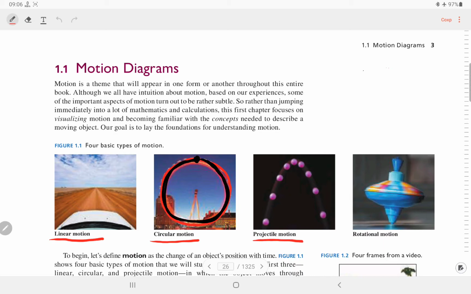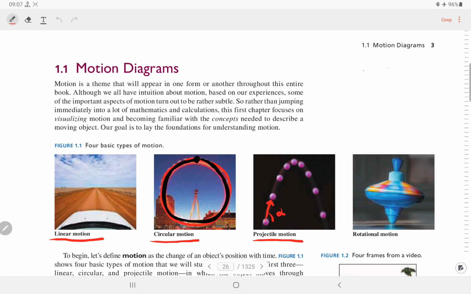Projectile motion. Third type of motion is projectile motion. What is a projectile motion? When height and range change at the same time. When you throw, for example, an object in this direction, let's say this is the initial angle alpha with the horizontal surface, we know that this object will come back to the ground due to gravity, because gravity will not allow it to go far away from the ground.